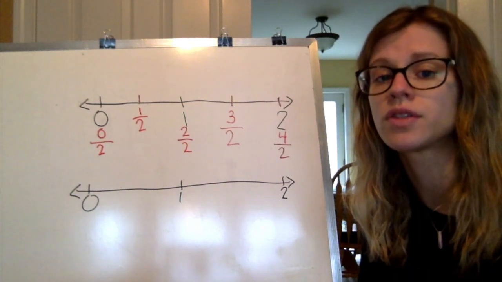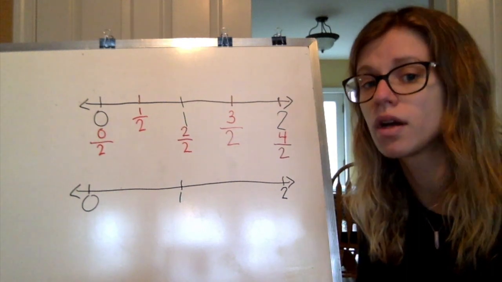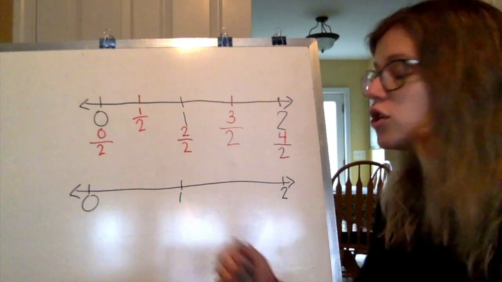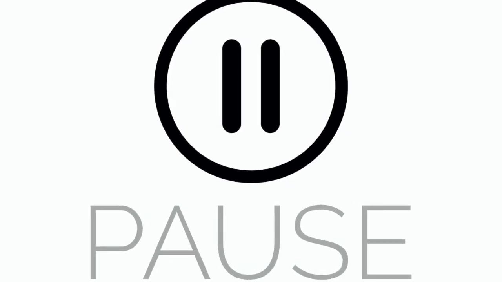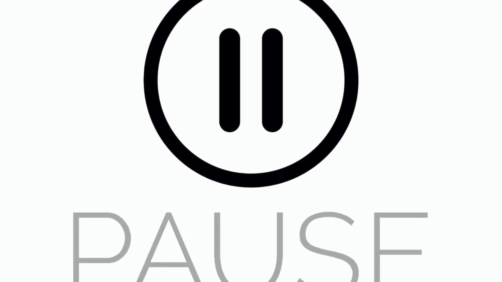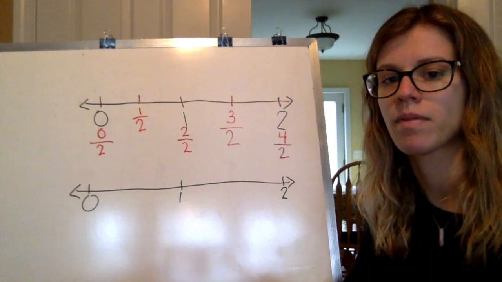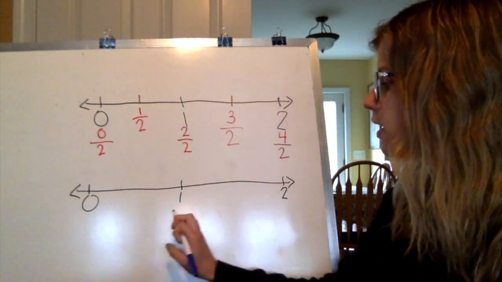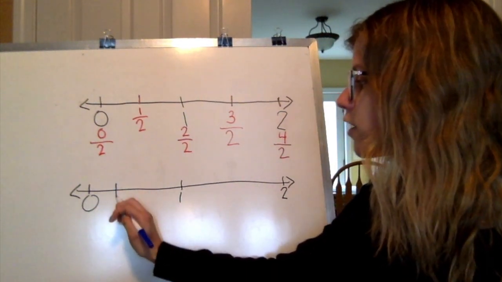Where would his first stopping point be? And what should we label it? Think about, where would my first stopping point be if I was to do 1/3? So I know that here, this is my whole, so I need to separate it into thirds.